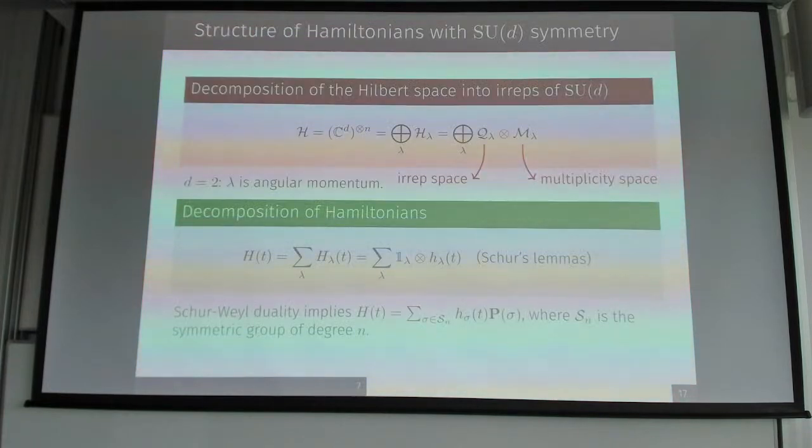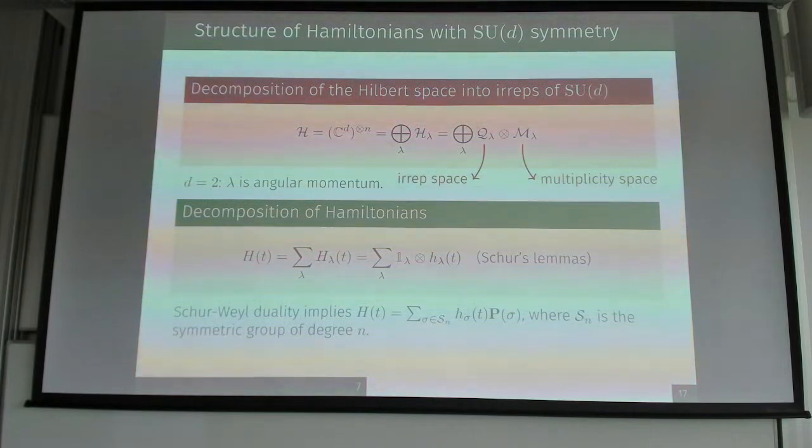So now let's consider the consequence of symmetry, what I mean by Noether's theorem. This Hilbert space forms a representation of the SU(d) symmetry, and it decomposes into irreps of the SU(d) symmetry.